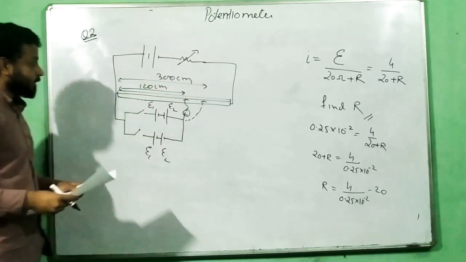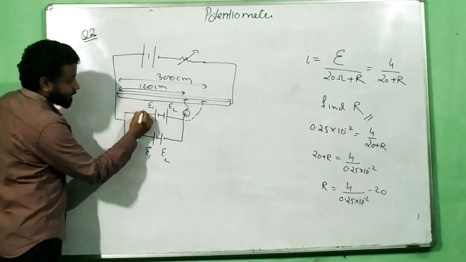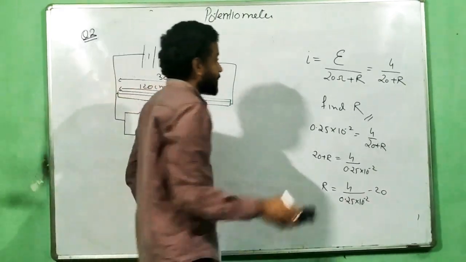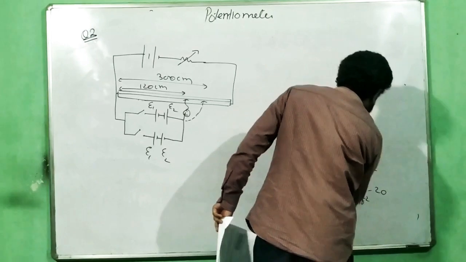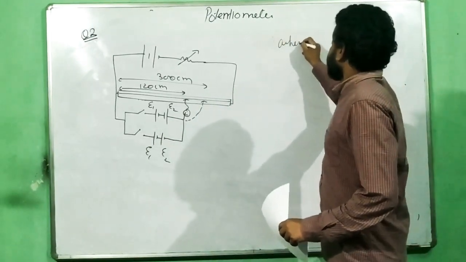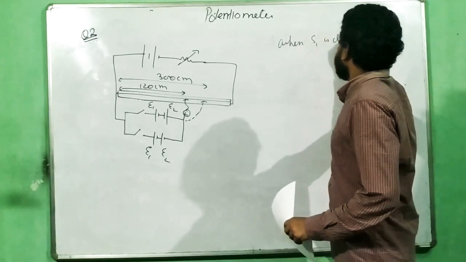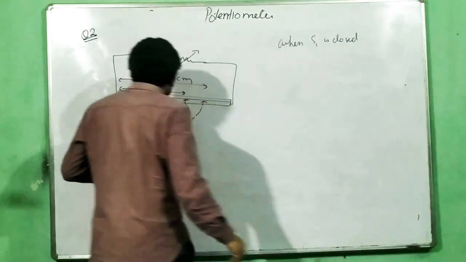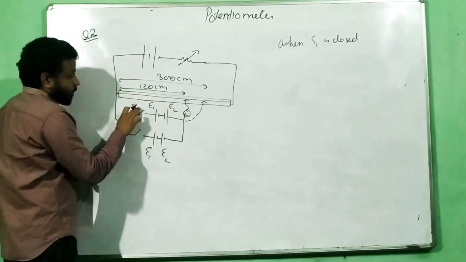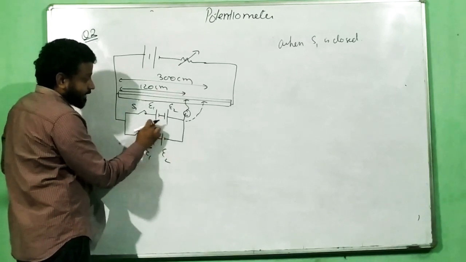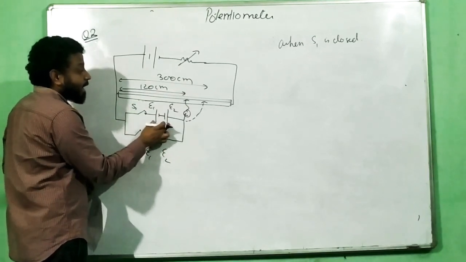Now here goes the question. The question is, when S1 is closed, this is my S1, when this is closed, that means this is not there, and this one will have an EMF of E1 minus E2.